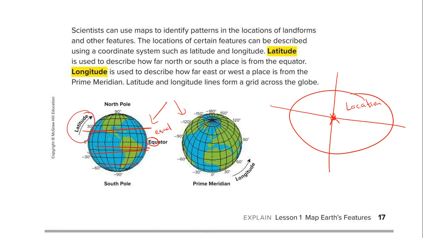So latitude lines go across and they show me how far north or south something is from our equator. Lines that go long are called longitude, and they show me how far east or west something is from the prime meridian.